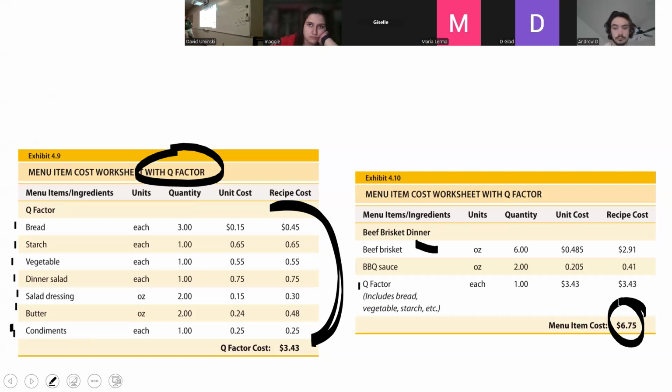Okay, I got a question right quick. I just want to make sure I'm understanding the Q factor. So that's all your condiments that you add up to get the price of. Well, the condiments are included in that, but it's everything that's gonna come with it.